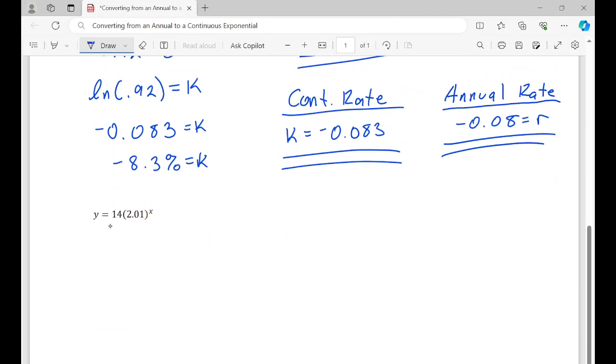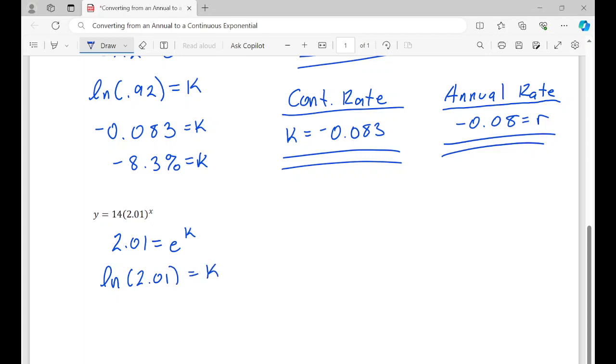Last, y equals 14 times 2.01 raised to the x. So converting this into the new form, I'm just going to take b, which is 2.01, and set it equal to e to the k. Take the natural log of both sides. ln of 2.01 equals k.